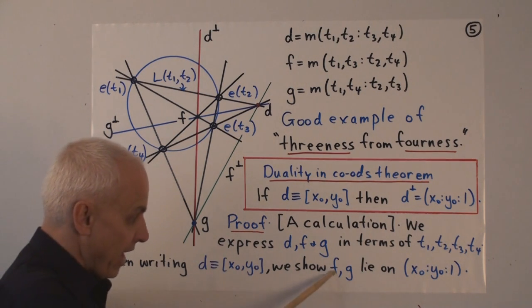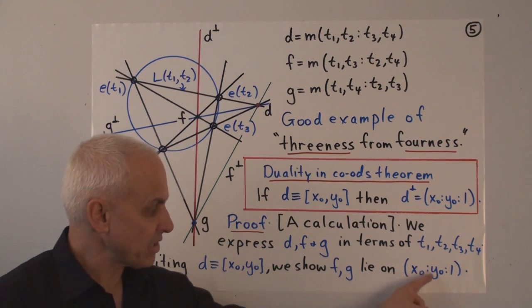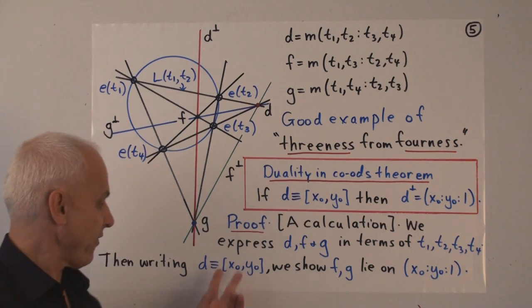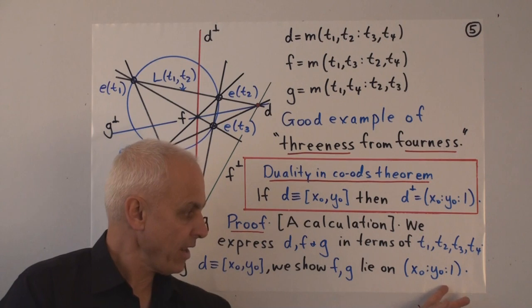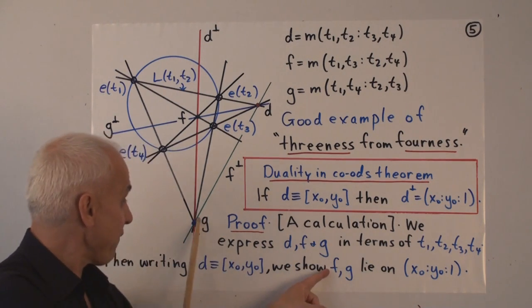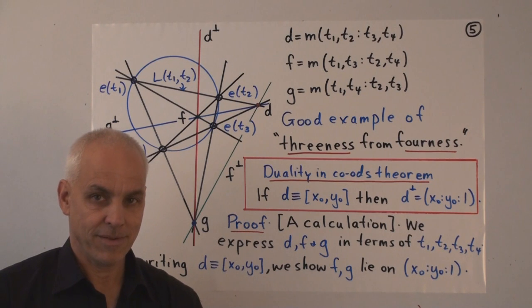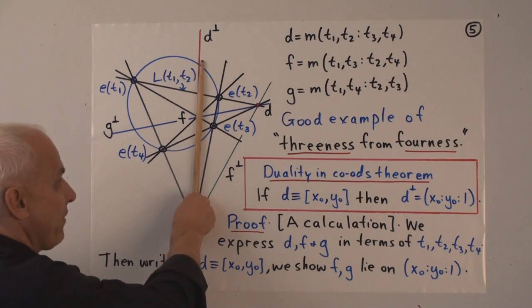And then we're going to show that F and G always lie on this particular line, x0, y0, 1. Whatever the coefficients here are, we're going to use those coefficients to cook up this line, and show that F and G lie on that line, which means that this actually is the line through F and G.